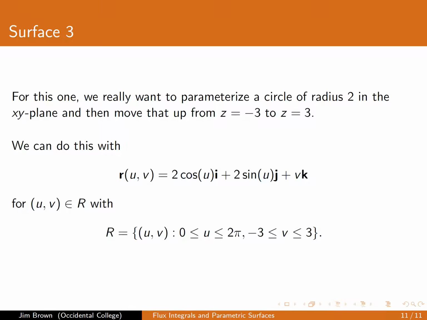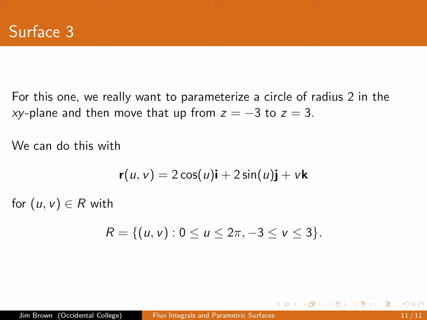And now to make sure we get all of those z values, we just put v to be our variable in front of k. And then our region here is we just want to let u go between 0 and 2 pi, so we get all of the circle. And then just let v go between minus 3 and 3 to make sure we move that circle from minus 3 in the z value up to 3 in the z value.